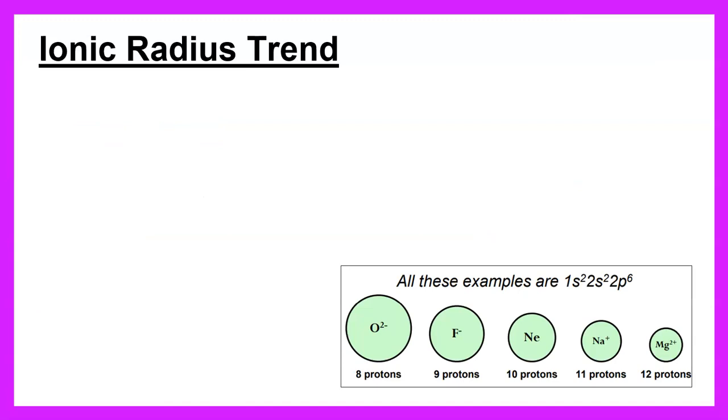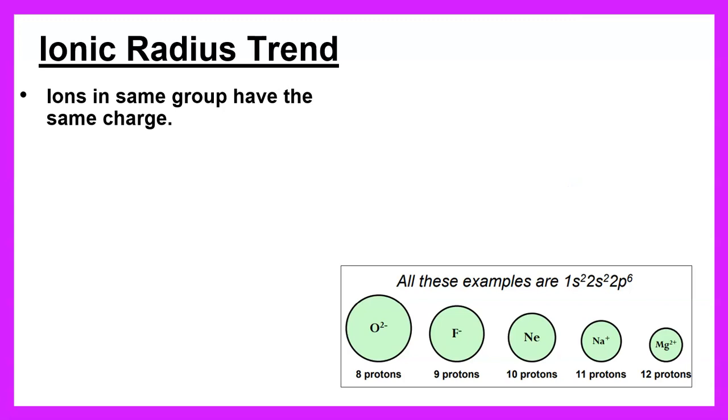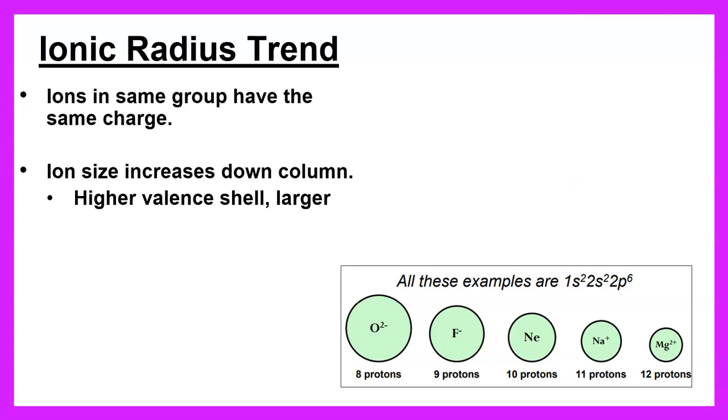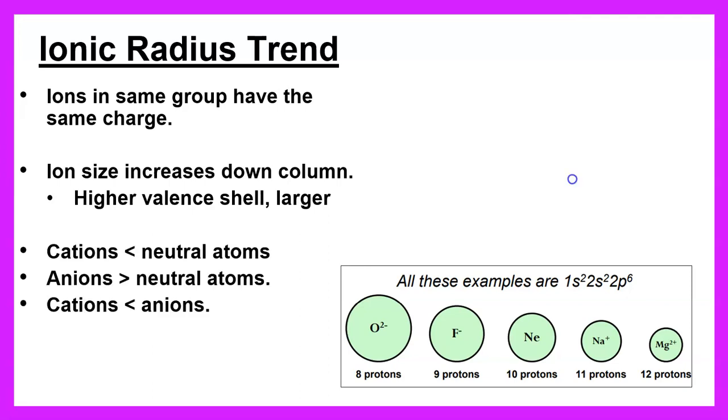One thing that sometimes comes up is the ionic radius. Remember, things in the same group have the same charge. As you go down a column, you're going to end up with a higher valence shell, right? Further from the nucleus, you're larger. You're also going to see things like cations will be smaller than neutral atoms because they've lost an electron, right?